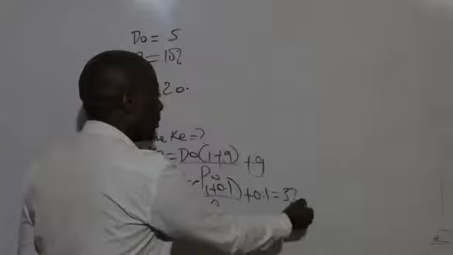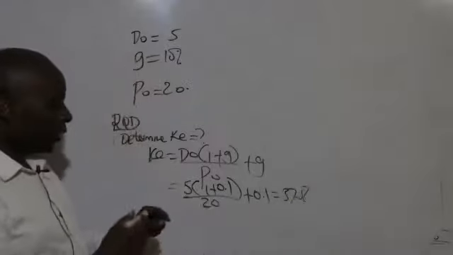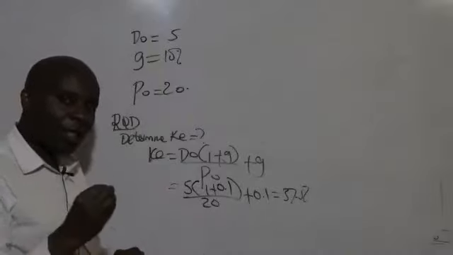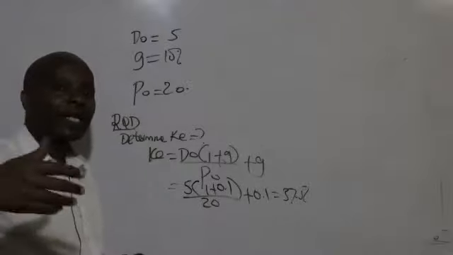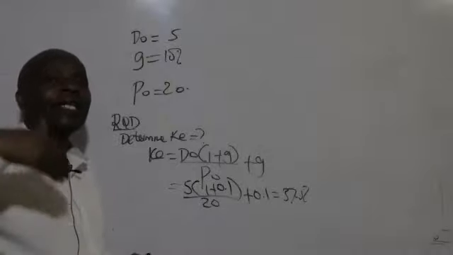Now I want to explain something very nicely here. Ladies and gentlemen, when it comes to cost of equity or valuation of shares, we prefer always working with dividends that have not been paid, what we call futuristic dividend.